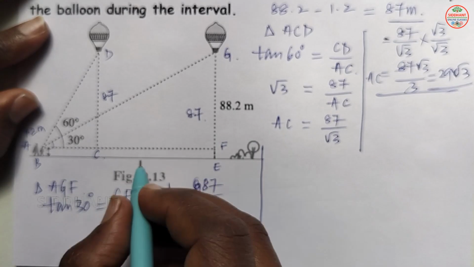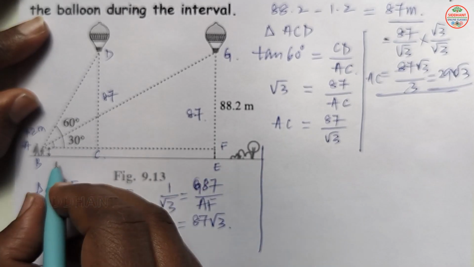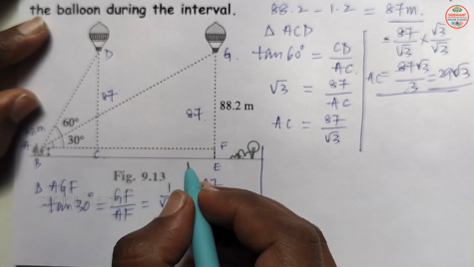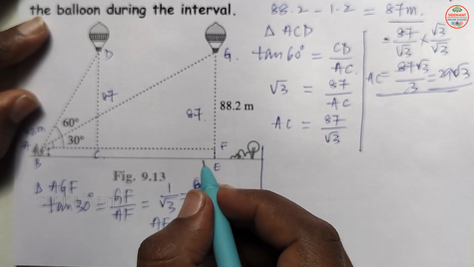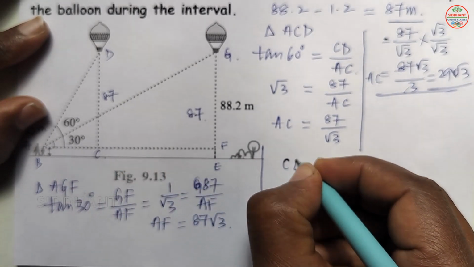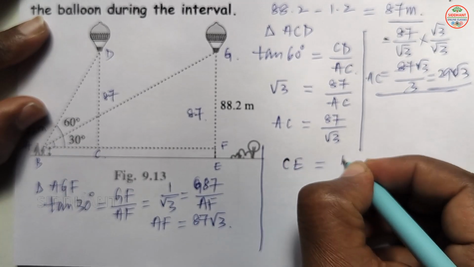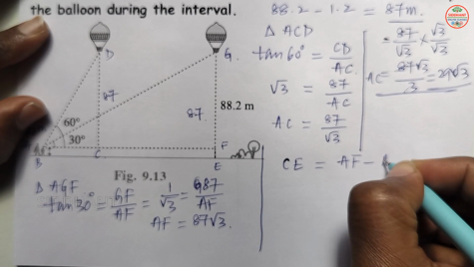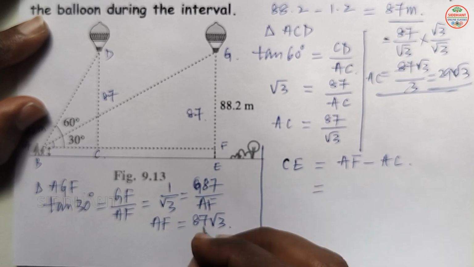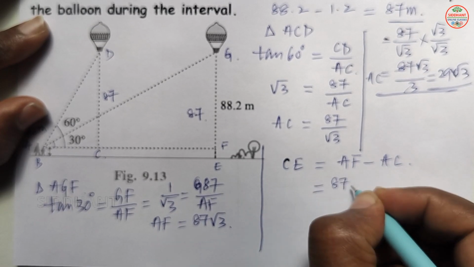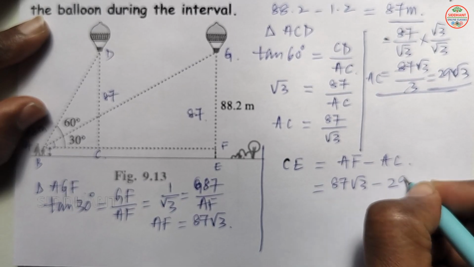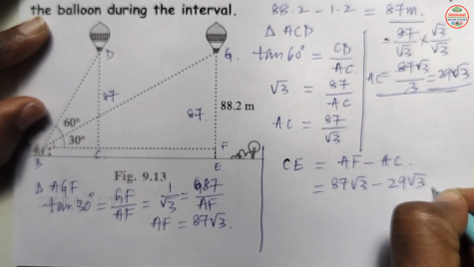So now we want CE here, the distance between the balloons. CE will be AF minus AC. AF we got, which is 87 root 3, minus AC, which is 29 root 3.